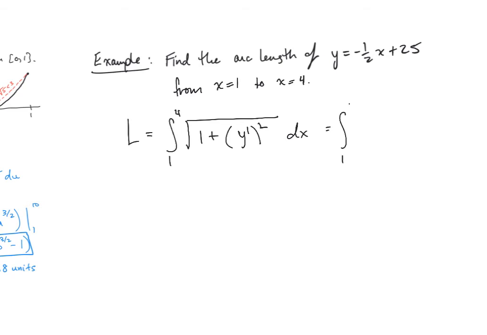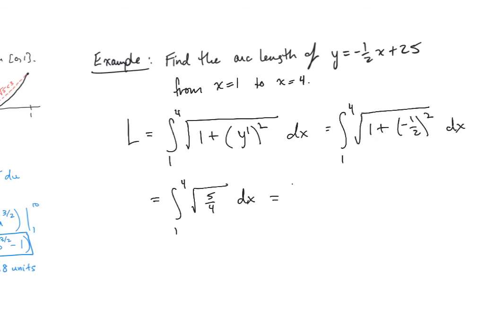Okay. Should have done this one first. This one's easier. So the square root of 1 plus y prime, which is negative 1/2, squared. And so this is the square root of 1 plus 1/4, right? So 5/4.